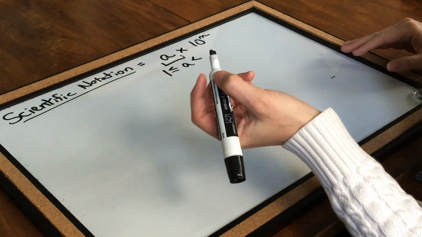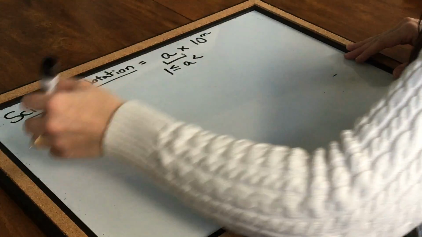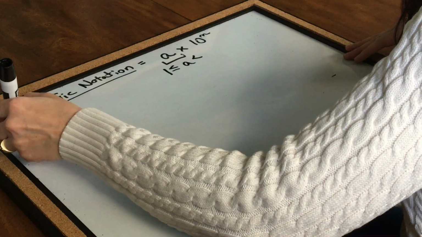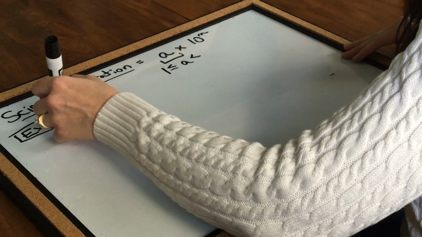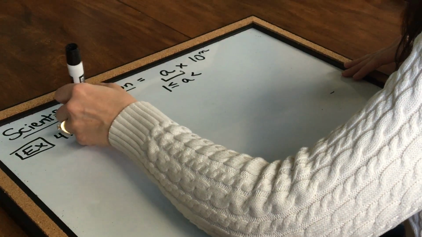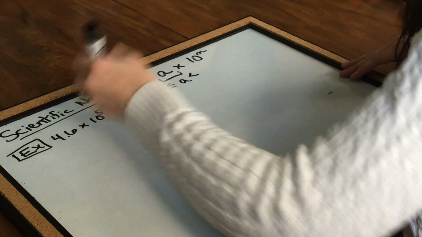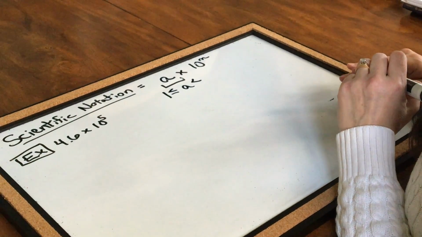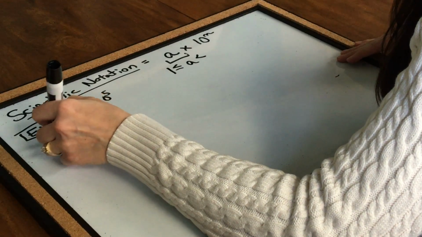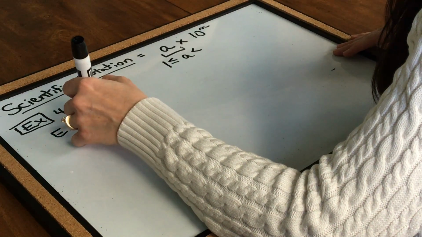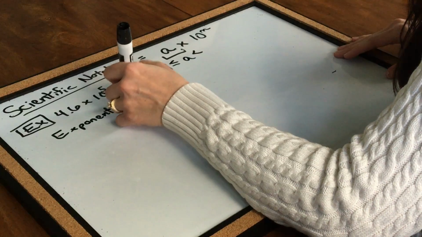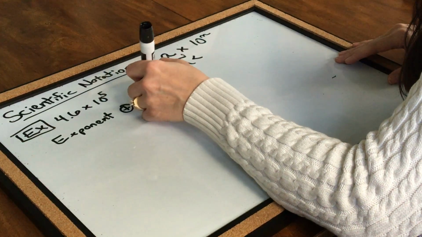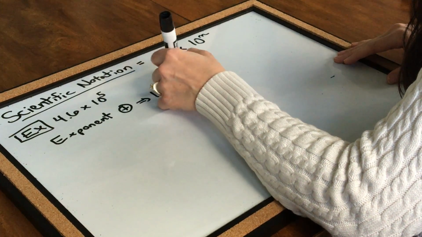So a good example of scientific notation would be something like 4.6 times 10 to the 5th power, okay? When our exponent is positive, that means we're looking at a very large number.